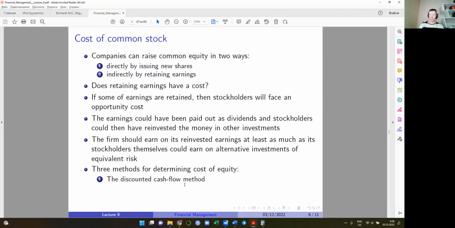We know the Gordon growth model from lecture 5, and this Gordon growth model is exactly what we use here. But there are two other approaches. One is a very popular approach called the capital asset pricing model method. Sometimes it is given as a shorthand CAPM. And the third is the bond yield plus risk premium method.